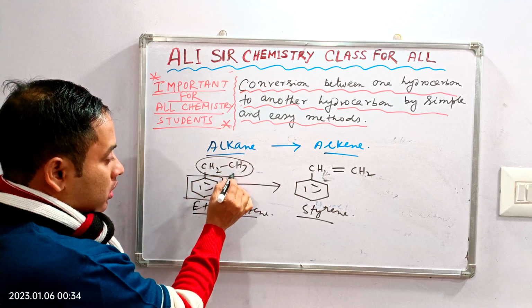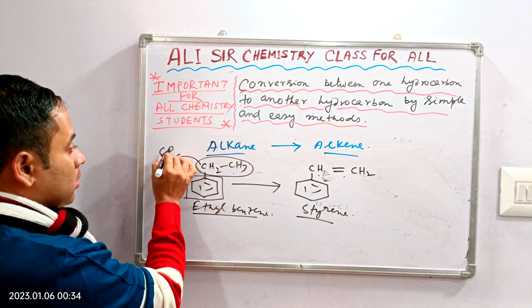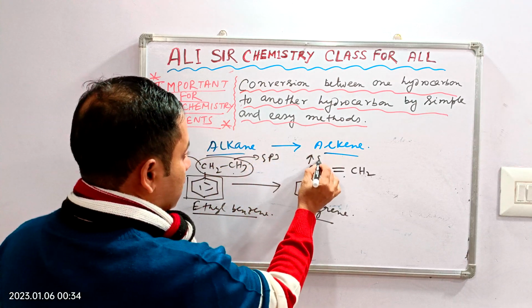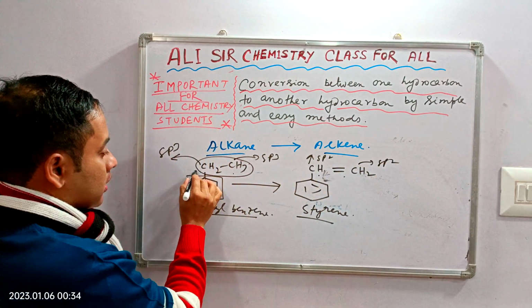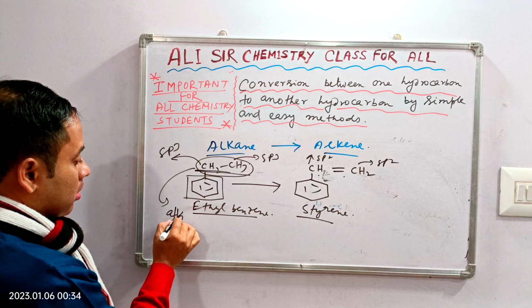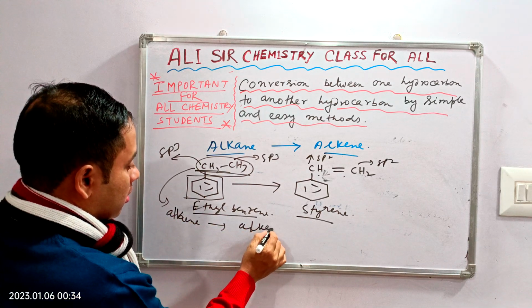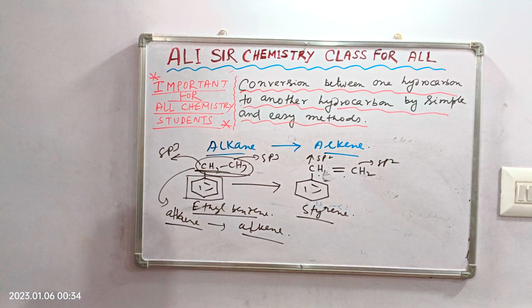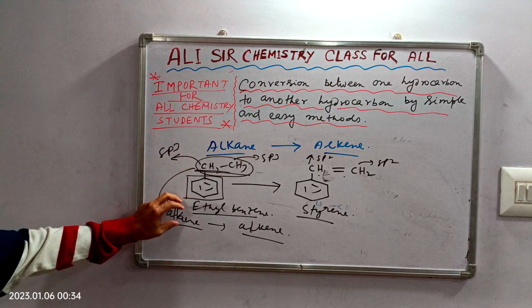This is CH2CH3 to CH=CH2. Both these carbons were sp3, and now they become sp2. So basically, it is the change of an alkane to an alkene.